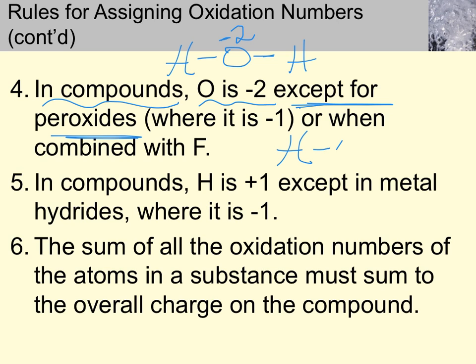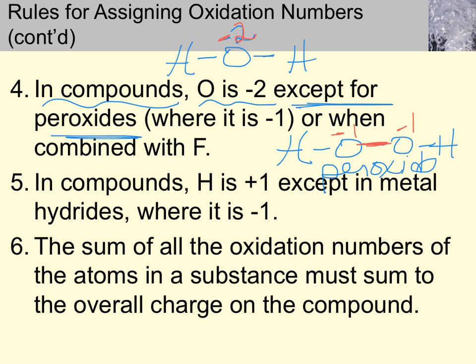So let me show you a peroxide. This is a peroxide, and all that means is there's an oxygen-oxygen bond, a single bond between 2 oxygen atoms. If you're told it's a peroxide, the oxidation numbers are -1 instead of -2. But in 99% of the cases, it'll be -2.